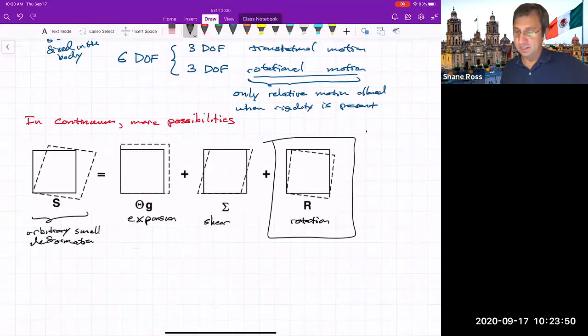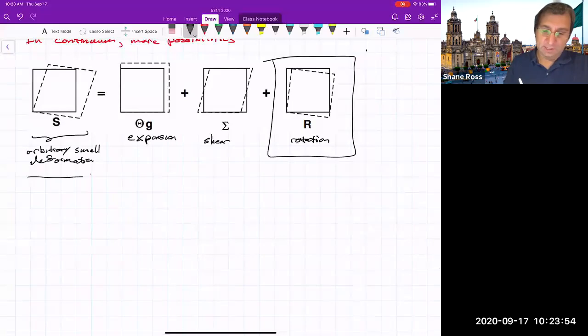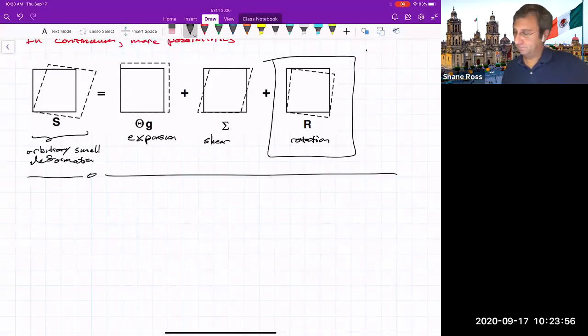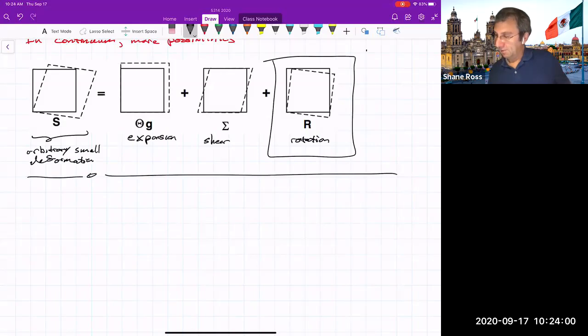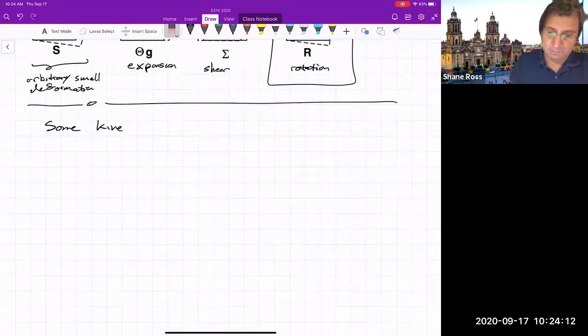All right, so we're only considering rotation. So let's say something about that. We're going to say some things about some kinematics of rigid bodies.